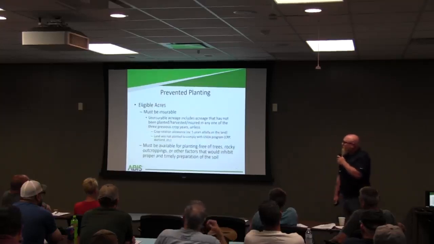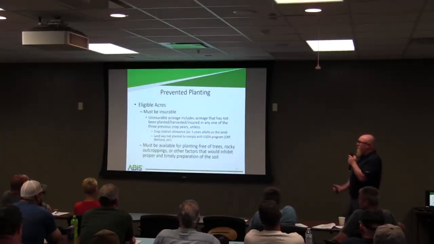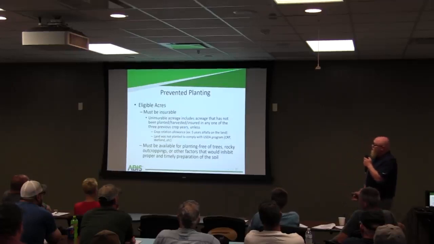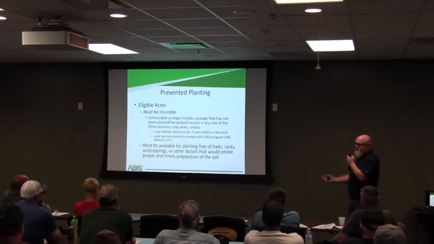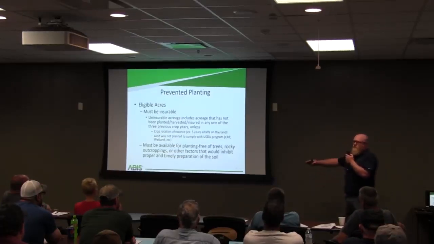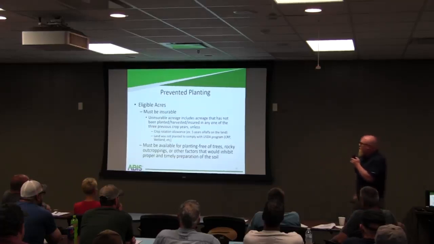For eligible acres, the acres must be insurable. Uninsurable acreage that has not been planted or harvested in one of the 3 most recent crop years is excluded, unless you've got a crop rotation allowance, for example, alfalfa, it's considered an insurable crop, so it's going to be excluded from that provision.